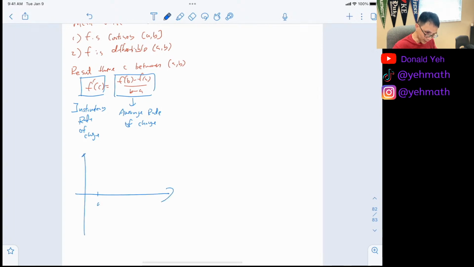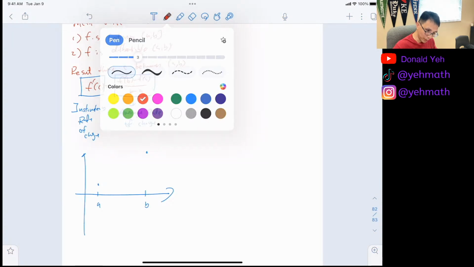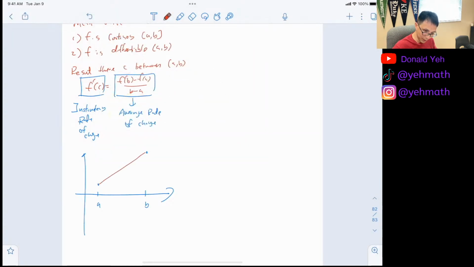They look like this. This is a, there's a point here, and there's b here. I'm going to draw a red line for the slope. This is f of b minus f of a. Does that make sense? That's the slope between 2 points.